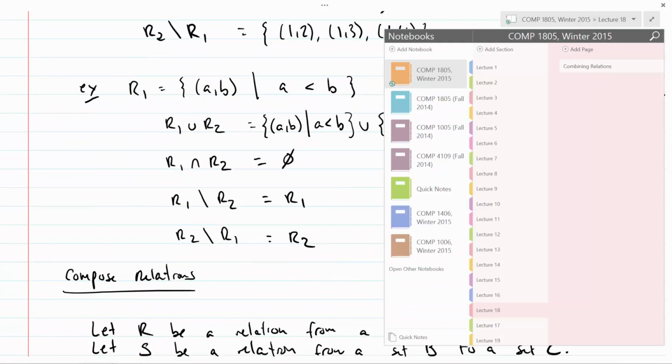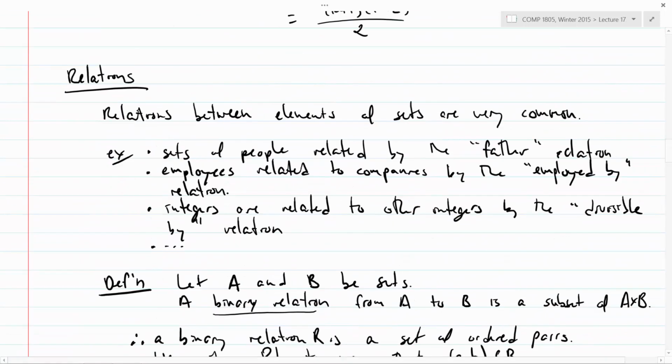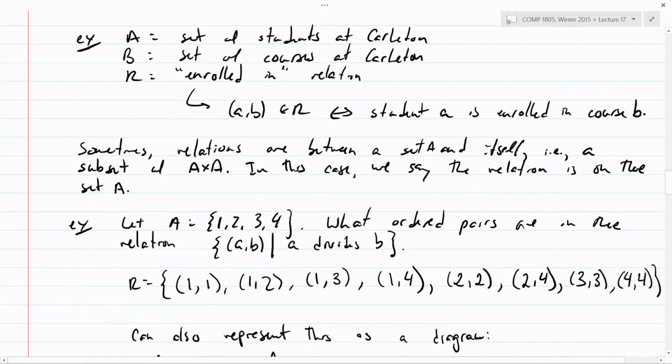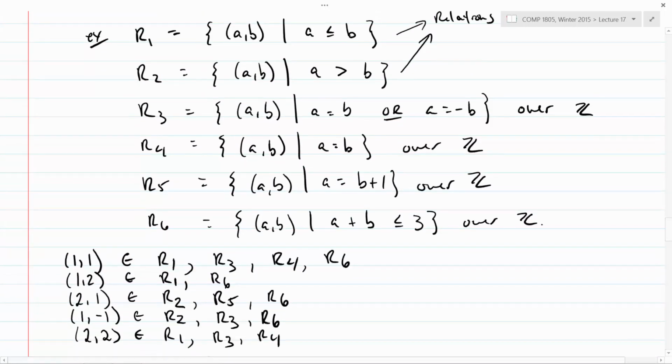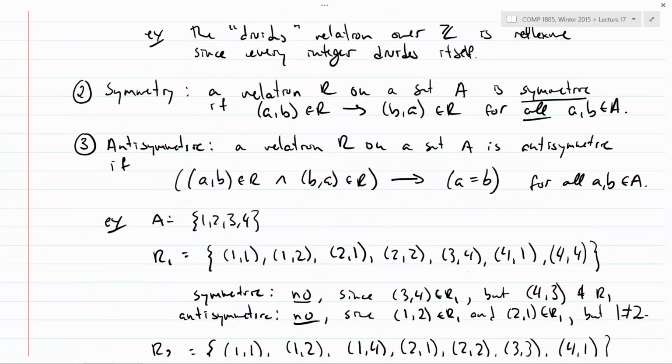Oh, I guess that's lecture 17. Relations, properties, anti-symmetry. So the reason anti-symmetry is kind of hard to talk about in terms of equivalence relations is because we have this equal symbol in the definition. And this equal symbol is now kind of being used two different ways. Equals in this sense means the objects A and B are the same object.